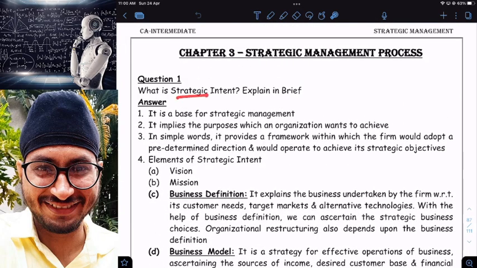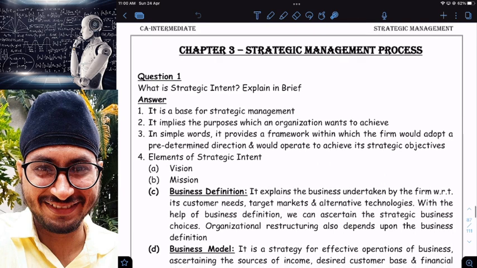Then we have strategic intent. I think I've already explained strategic intent. Strategic intent is nothing but vision, mission, goals, objectives, formulation of strategy, implementation of strategy, and execution and evaluation of strategy. We have discussed this in the introduction to this chapter.